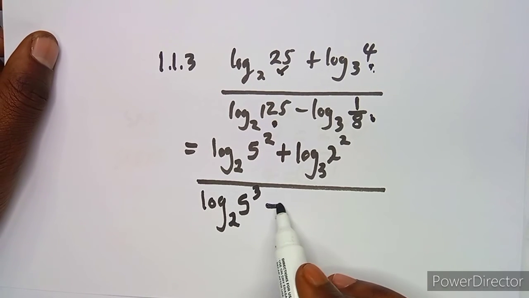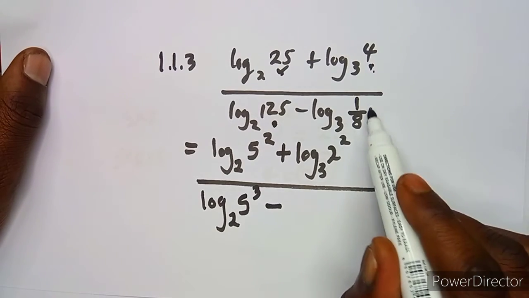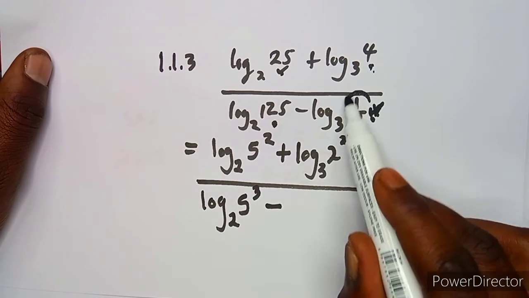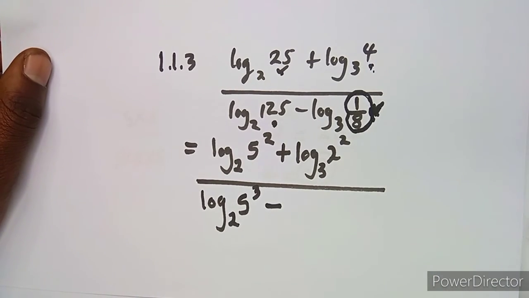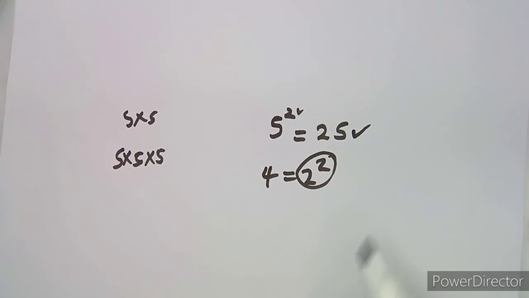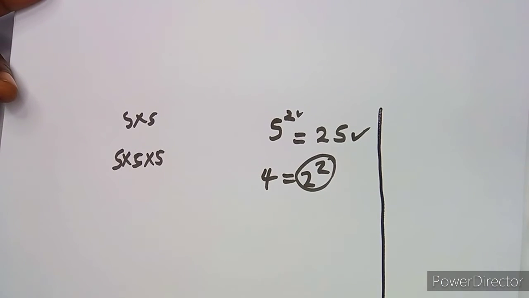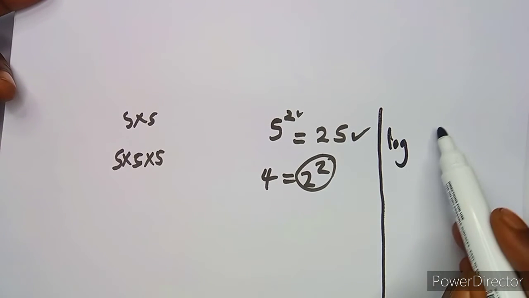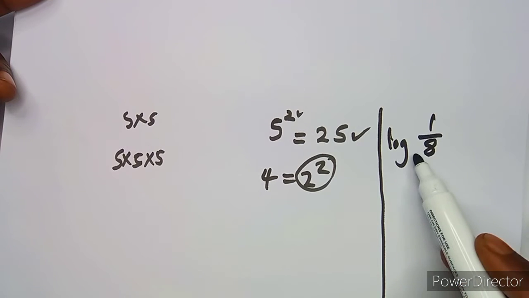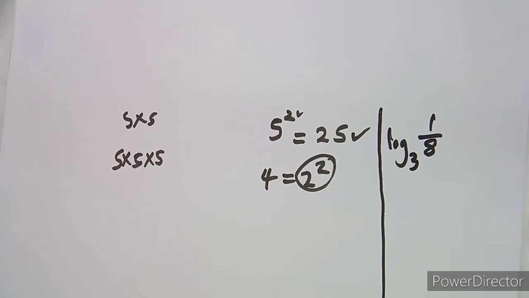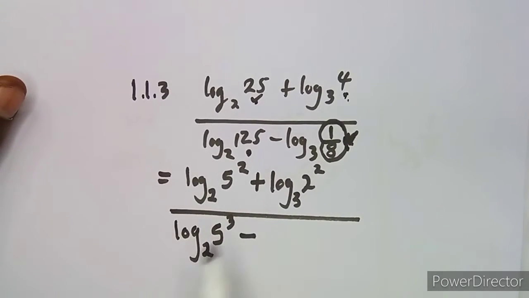All right. Minus, okay, this part here I want to explain something. Take note, this is 1 over 8, which is a fraction. Log 1 over 8 in base 3. Let's talk about the 1 over 8 first before anything else.